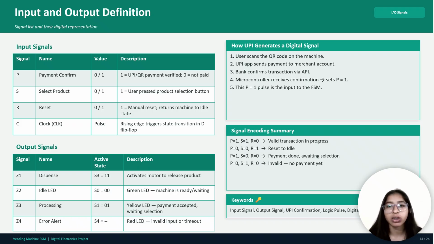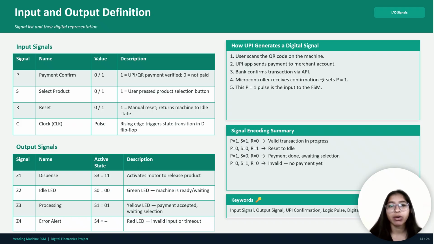Now the most important question in this project is: how does a UPI payment become a digital input? Here is the answer. The user scans the QR code and the UPI app sends the payment to the merchant account. The bank confirms the transaction via its API.